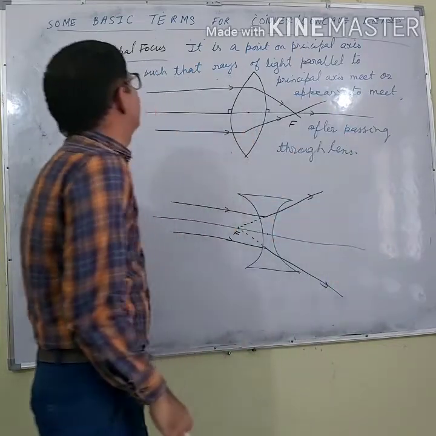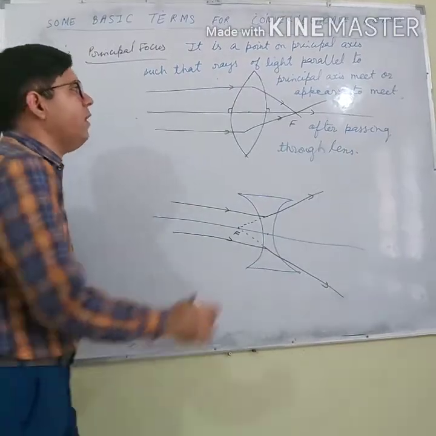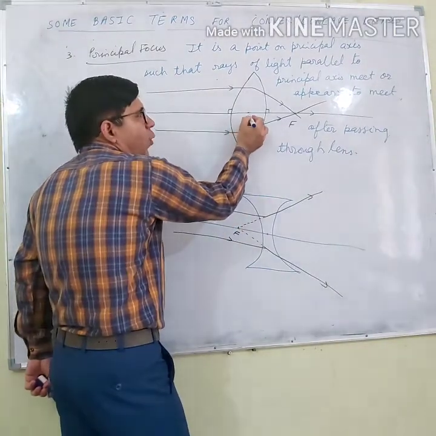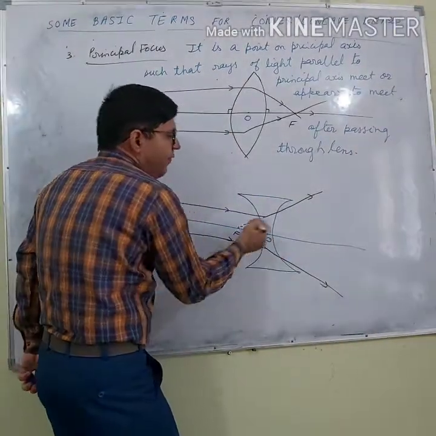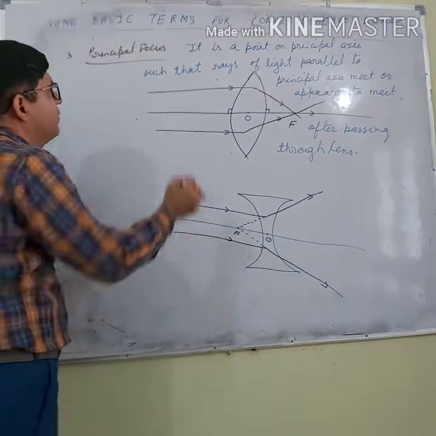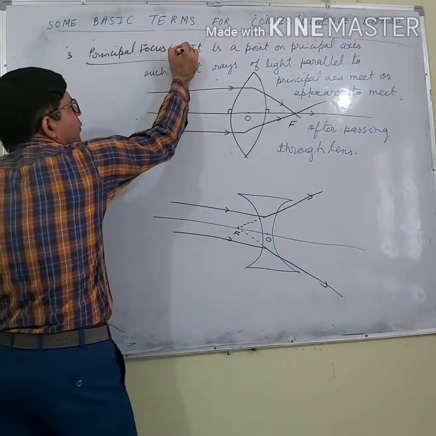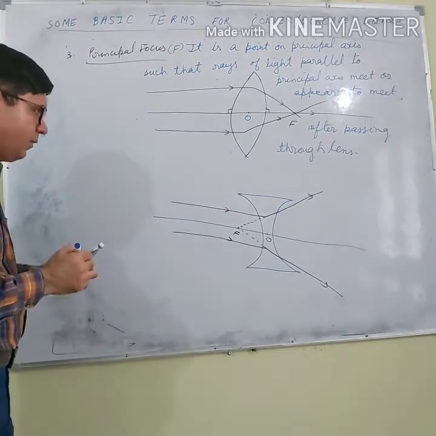So this point is the principal focus. O is here the optical center and F is here the principal focus. Principal focus is represented by F.